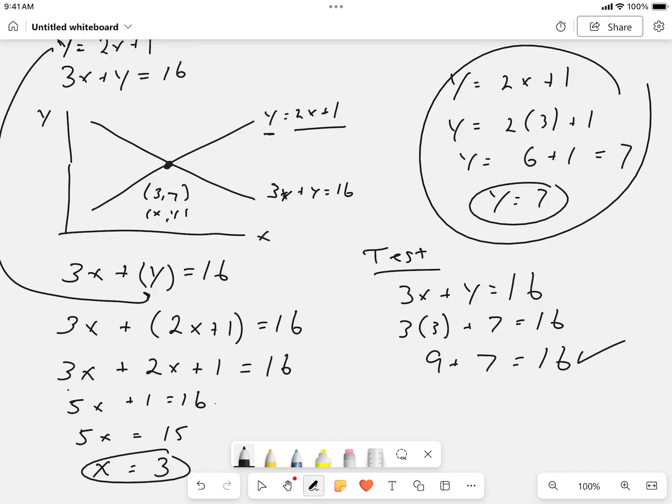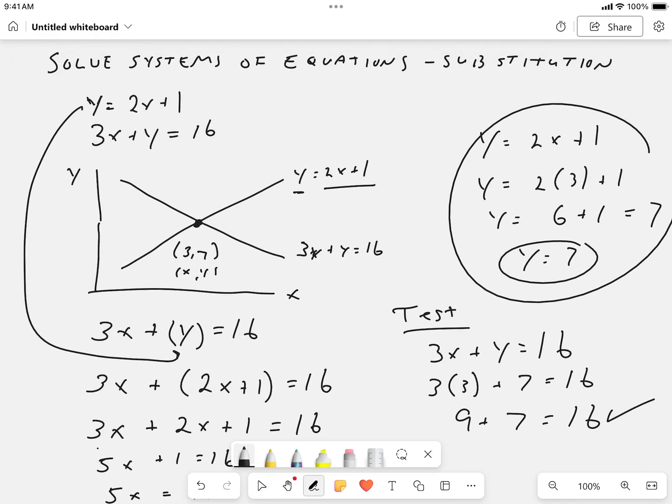Now, this is how to solve systems of equations, in this case two equations, with substitution. And this is also how to check it. The common mistake people make on this is they get confused right here putting in the right expression. What they don't do is use parentheses.